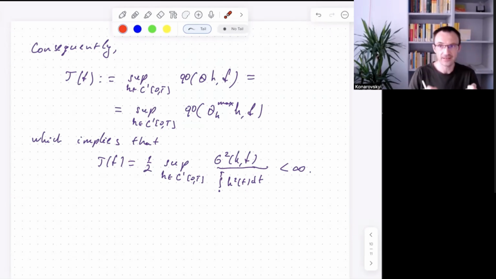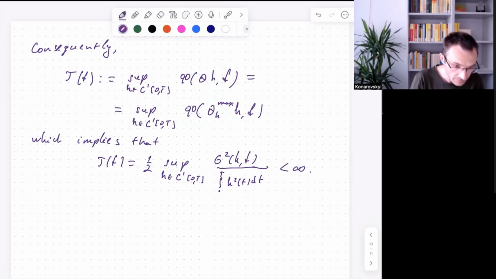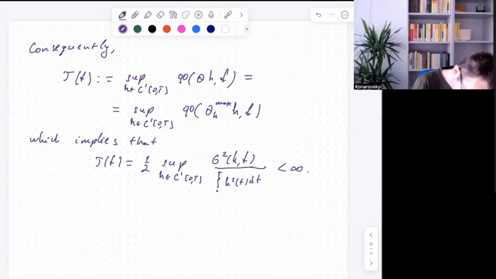We need to define the space, some Hilbert space or Banach space with the norm. We need to define some linear operator, and then we need to see what we actually can get from that.